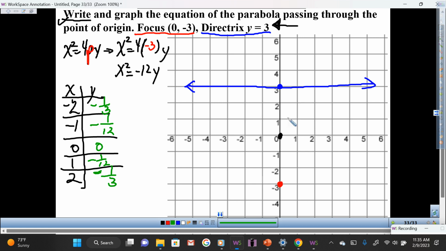Let's plot those points. Here we go. -2 of x, -1/3 of y, which is about right there. -1 of x, -1/12, very close to the x-axis. 0, 0.